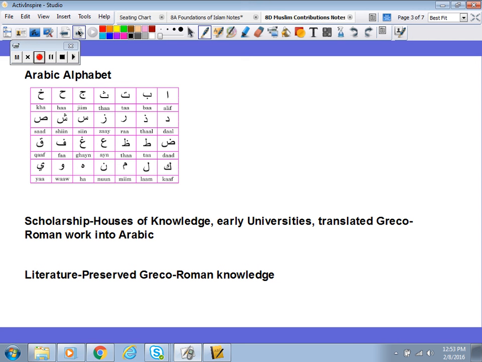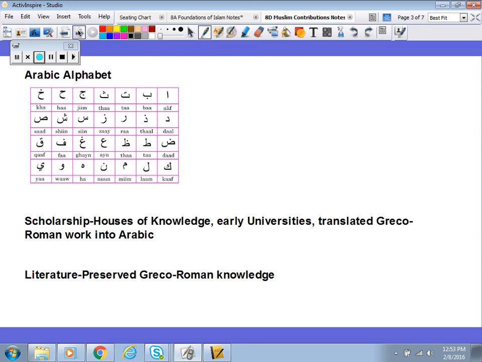They take these guys' works and they translate them from Greek and preserve them in Arabic because they want their students to study them, so they translate them into their language. That makes sense, just like we want you to study things, we translate it from Arabic into English. So they translate these things into Arabic.